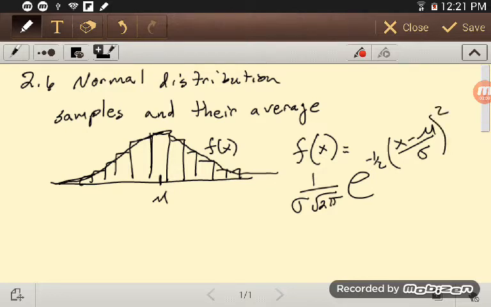Amazing. So that is what the curve would look like if you tell me the mean and standard deviation of a population.